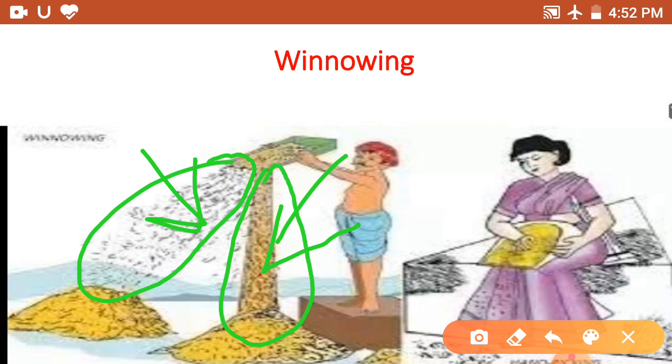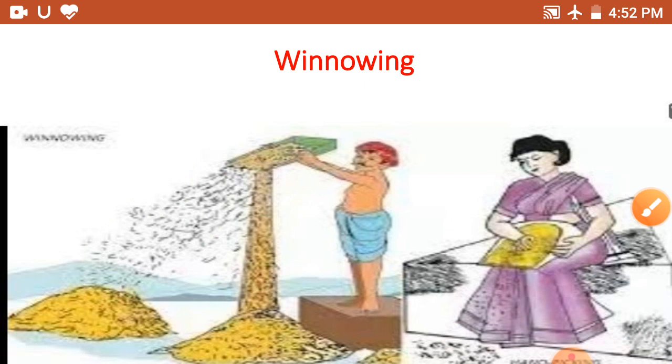They are separated by blowing a current of air through them. The lighter husk particles are carried away by the wind and the grain seeds get separated. This husk can be further used as fodder for cattle.